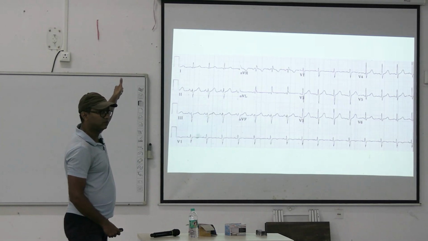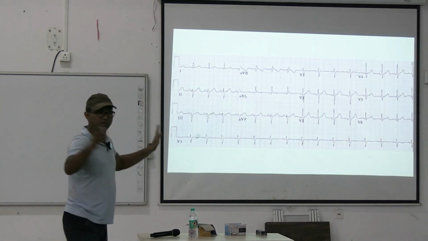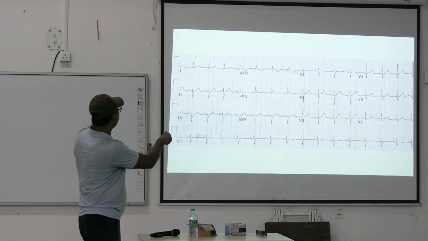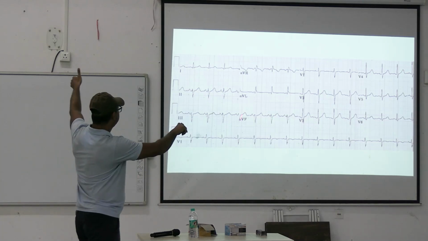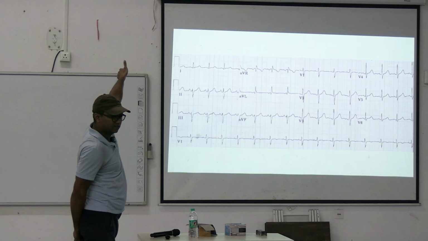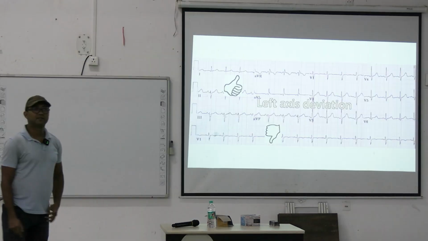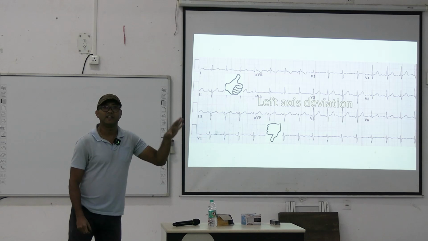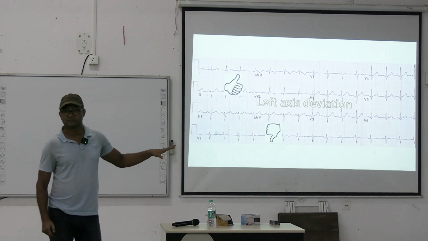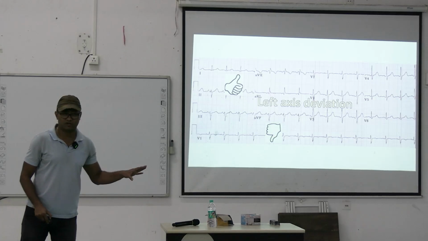We don't dislike anyone, we like everyone. So lead 1 thumbs up, lead AVF thumbs down, we will go with the like. Left thumb up means left axis deviation, meaning the patient is having left anterior hemi-block. This ECG is of a patient who is having left anterior hemi-block.